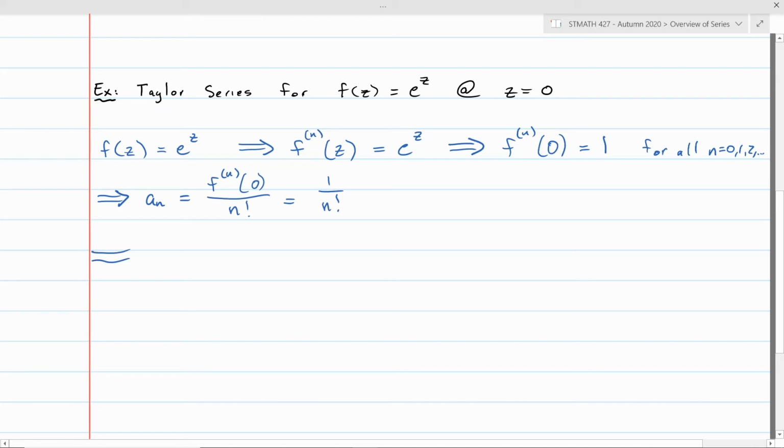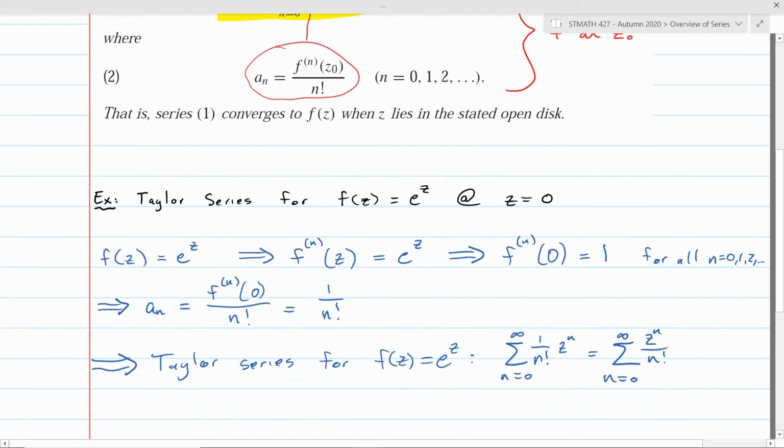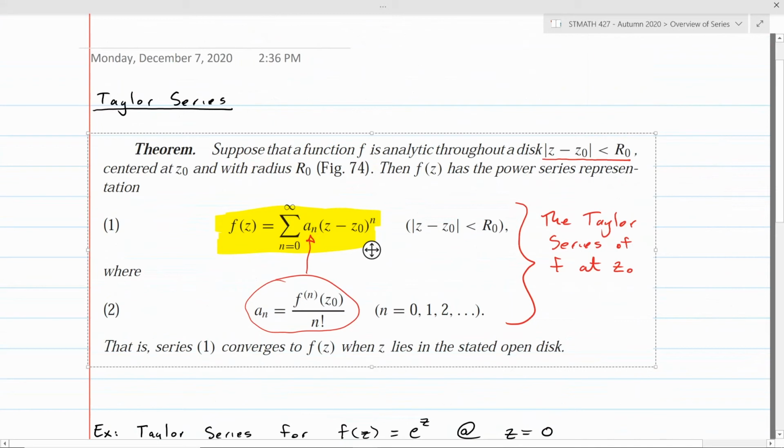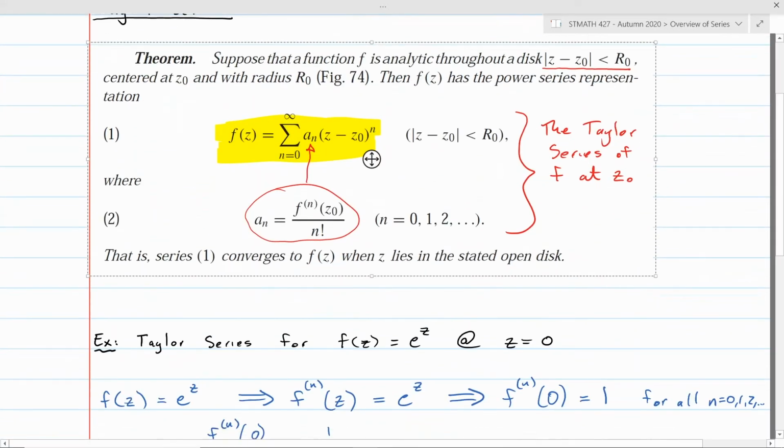And so our Taylor series for f of z equals e to the z is the sum from n equals 0 to infinity, with a sub n equal to 1 over n factorial, times z to the n. Or in more compact form, just z to the n over n factorial. Now, the hypotheses for that theorem said if your function is analytic on a certain size disk centered at the point, then you have convergence of the series to the function on that whole disk.